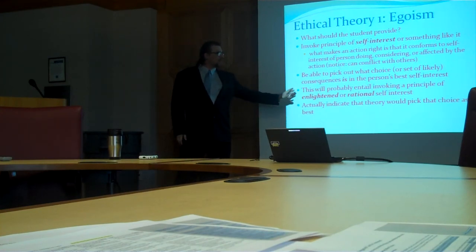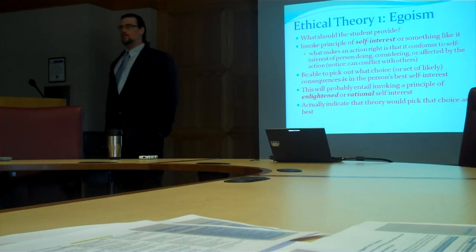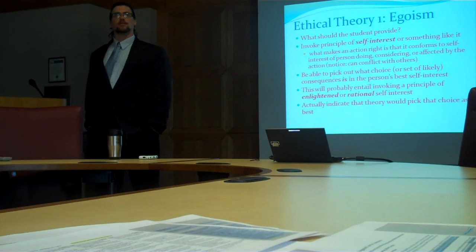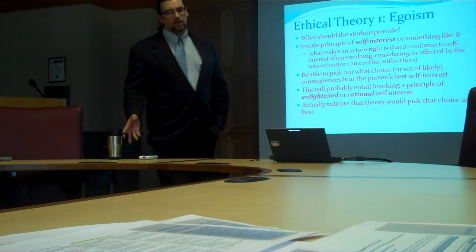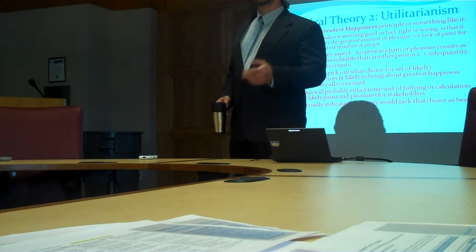Then they have to actually indicate to you that the theory would pick the choice that they're identifying as the best one. And again, you're probably going to have to coach your students to some degree about that, because it seems like our students are not used to making things explicit. They're not used to putting their reasoning processes down. They're used to providing us with partial answers and expecting us to read into them. And we want to get our students to the point where they can actually provide us with full answers.